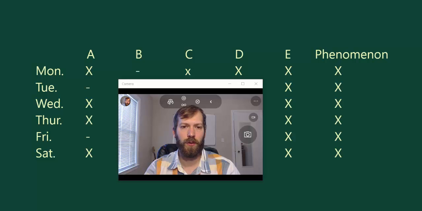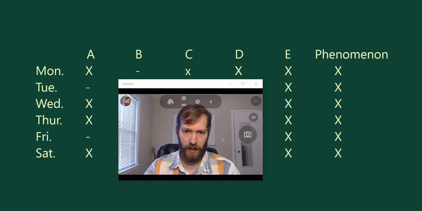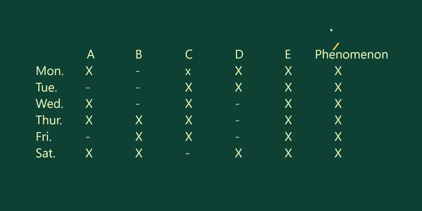All right, so we've got a chart here that's going to tell us something about a phenomenon and various conditions that we think might be associated with the phenomenon. So let's say, just to make this more concrete for you, that the phenomenon was that you got some sort of a skin rash.